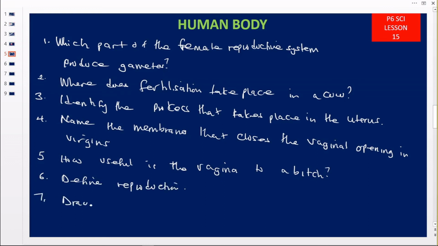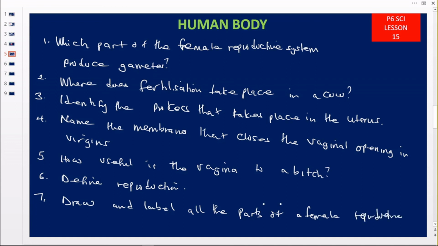Number 7, draw and label all the parts of a female reproductive system. Number 8, what is a gamete? Okay, you've been a good learner. We meet in the next lesson. That will be lesson 16.